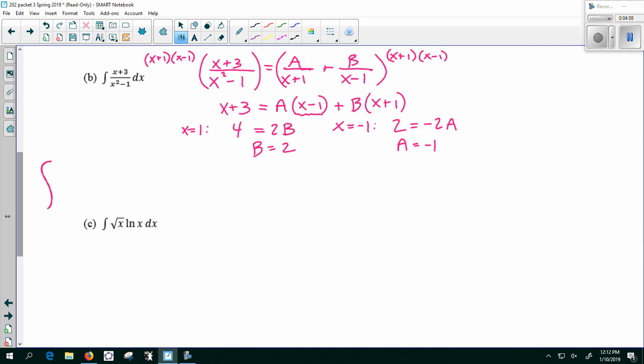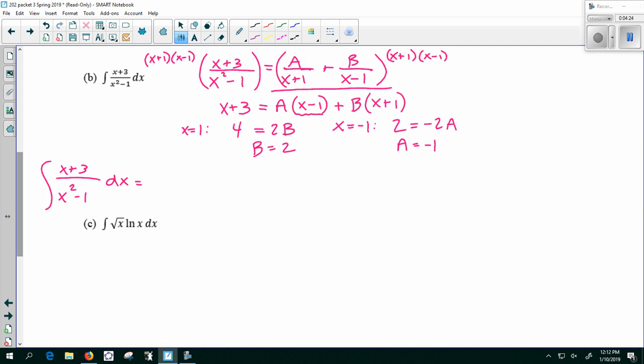So my integral of x plus 3 over x squared minus 1 dx, I'm going to break this fraction up into the sum of these 2 fractions, where I'm going to replace a and b with the values I found.